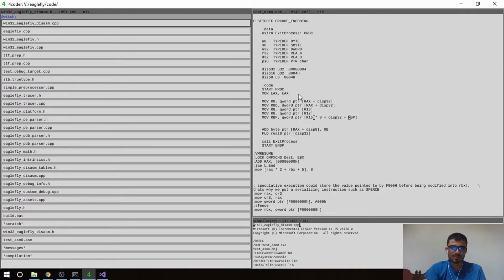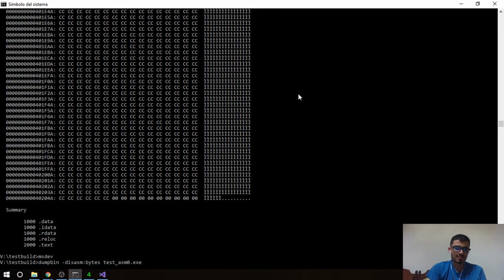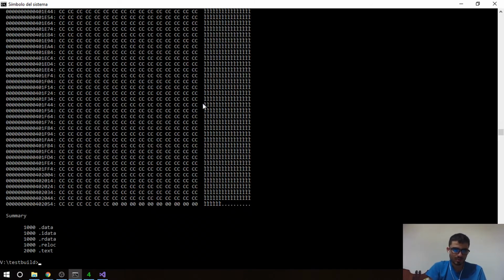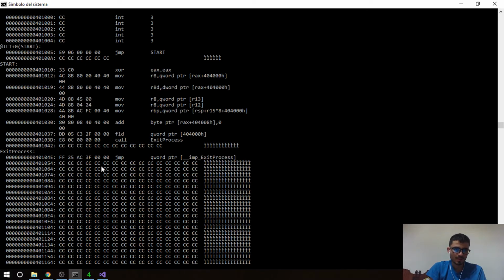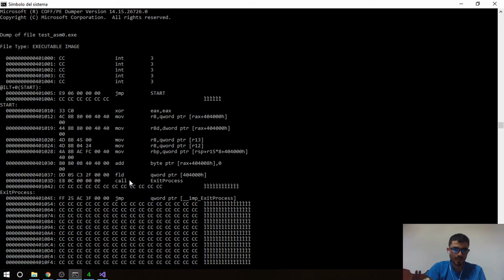So if we go there and see the binary, let's see it here. Here you go. They modify the RSP, now it's going there, base index displacement. Okay, so base index displacement, and we're moving it to RBP.